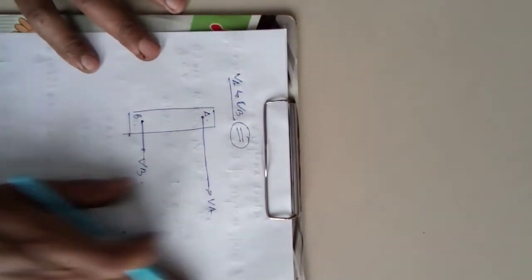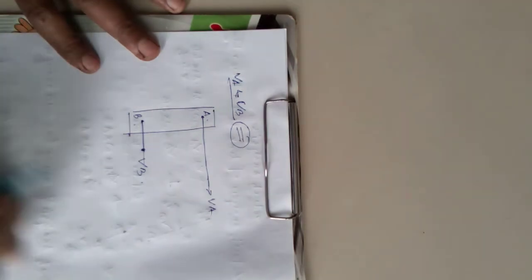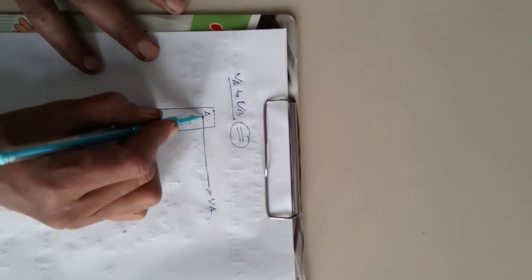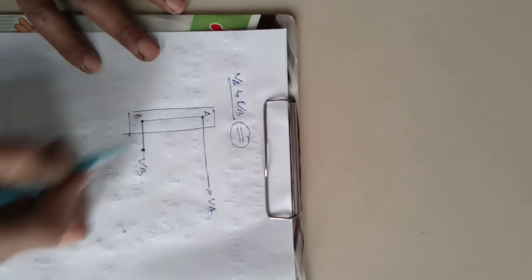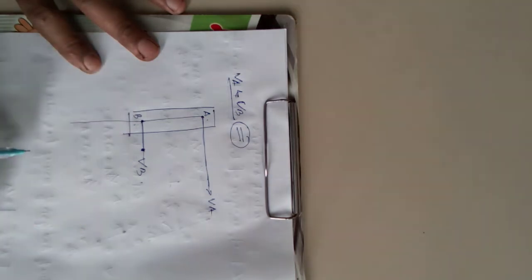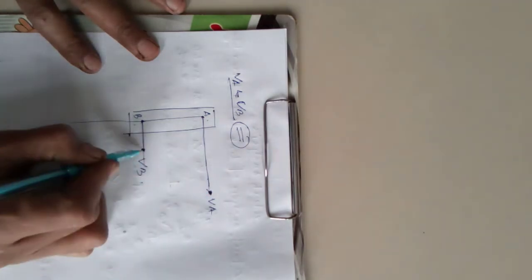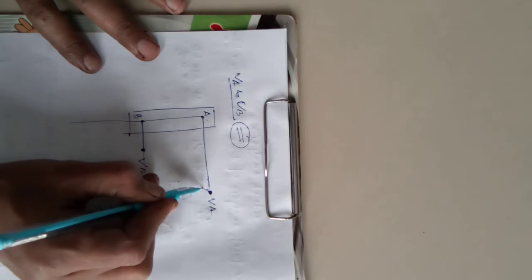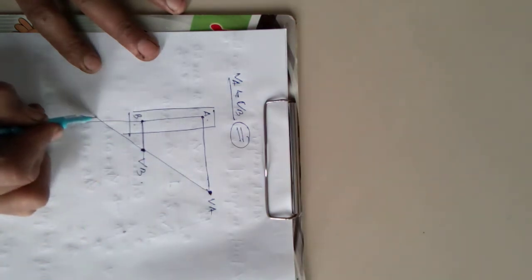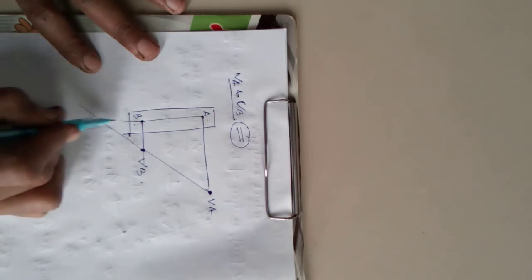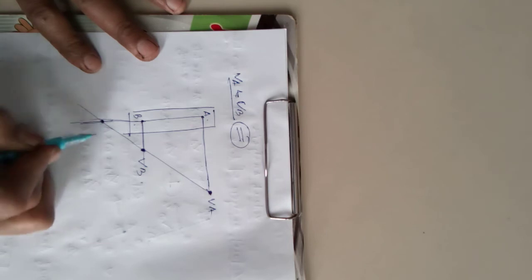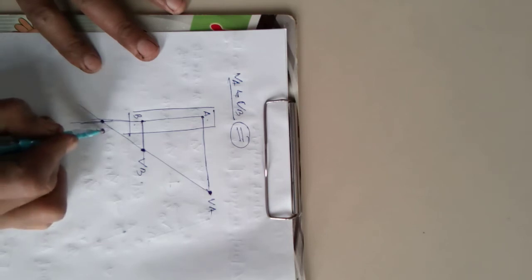Okay, now how to find out the instantaneous center? In that case you join A to B and extend it, and you join the tips of VA and VB and extend that line, so it will intersect the line AB. So that is the instantaneous center.